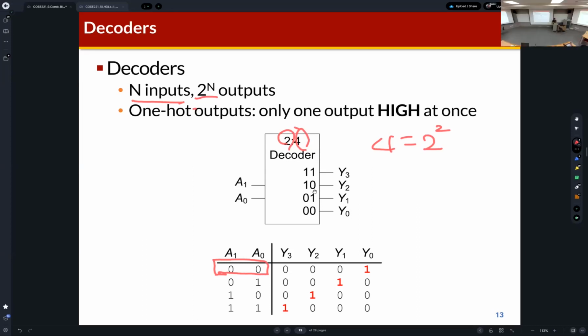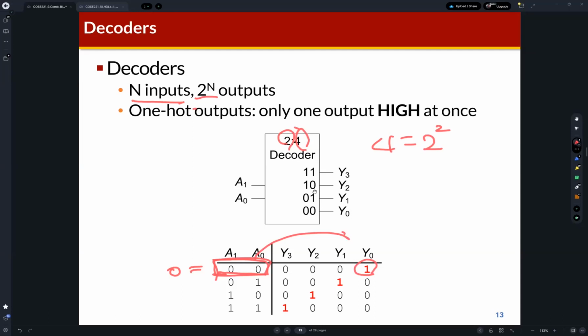If this input value is 0, 0, which means just 0, then the bit number 0 of the output port becomes 1. So the output becomes 1 at the position given by the value of the input ports.